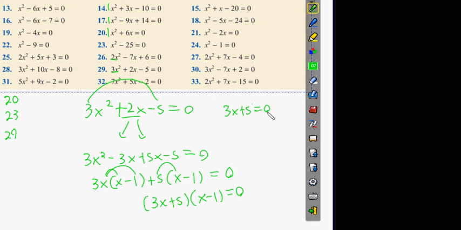Bring the 5 over the other side: minus 5, divided by 3. Minus 5 over 3. And then the other one is x minus 1 equals 0, and then x equals plus 1 because it changed sides. So it goes to plus 1 when you change sides.